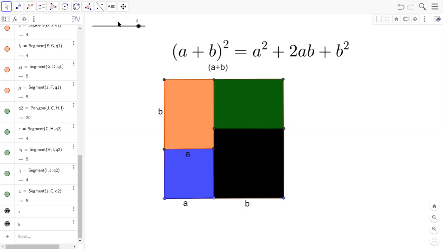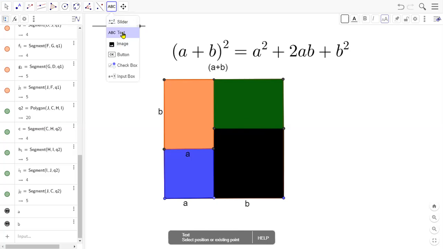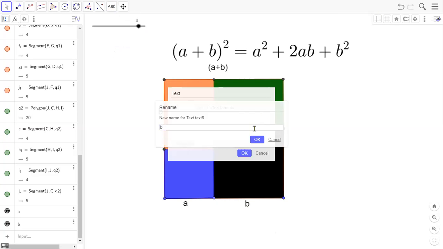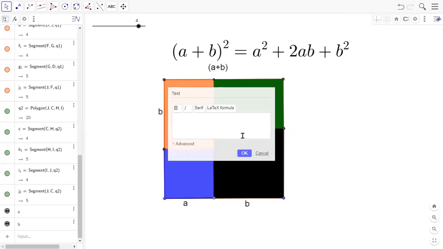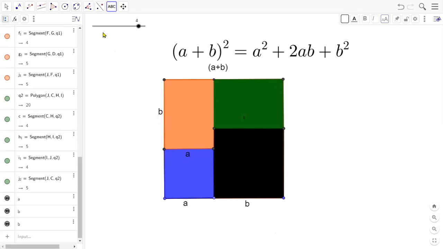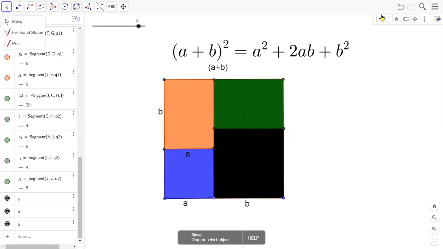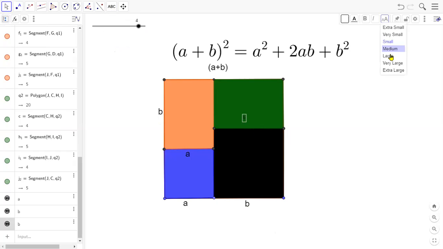Let me take the next b, this will be b unit. Let me type b unit here and enlarge the text size a little.